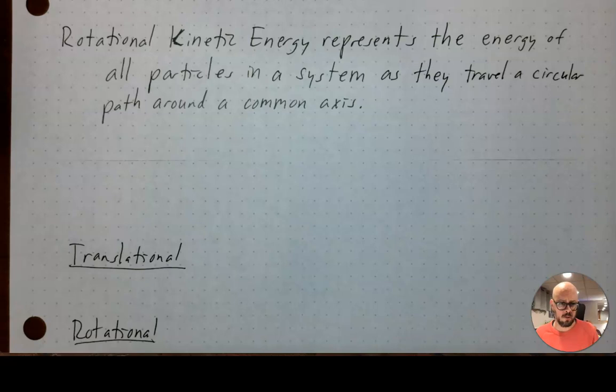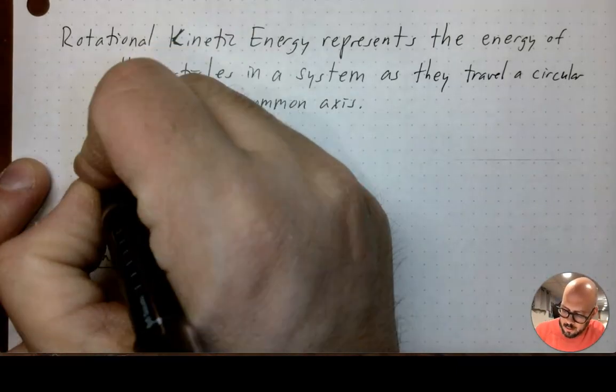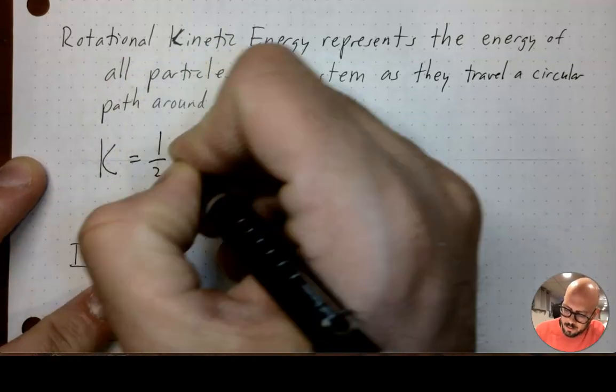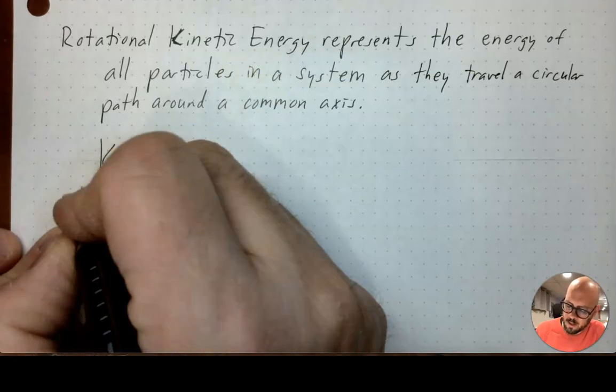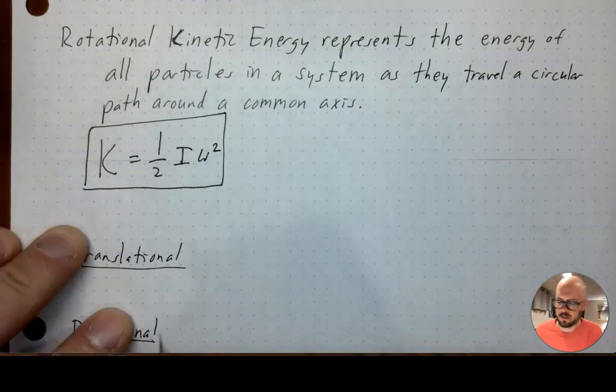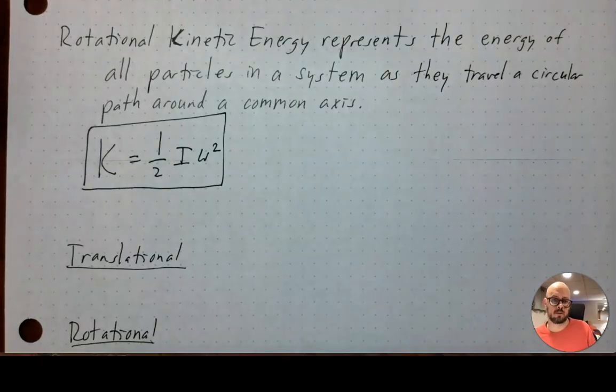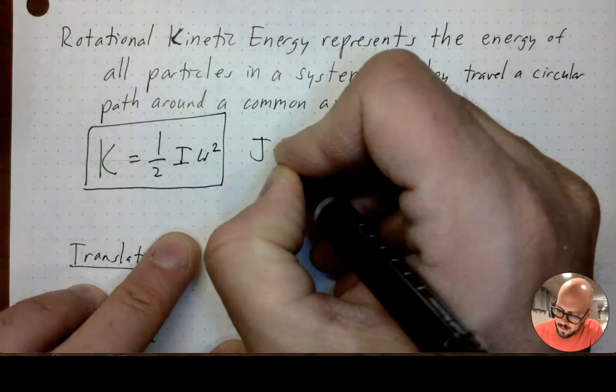If you add up all of that translational kinetic energy, you get the rotational kinetic energy, because every particle has its own rotational inertia, and every particle also has the common angular velocity. So in total, the kinetic energy for rotation is 1/2 the rotational inertia times the angular velocity squared. When you add the rotational inertia of individual particles, you get the overall rotational inertia, and that is in joules.